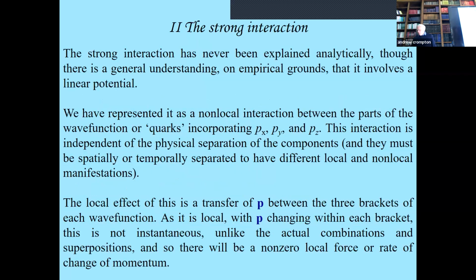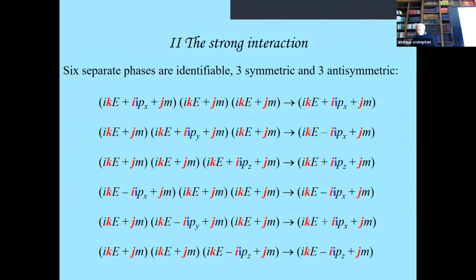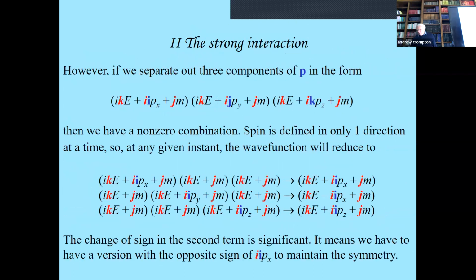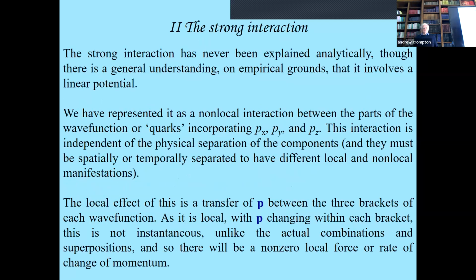So that's the strong interaction. And then what I do is say that if we take those three objects there and rotate them, which is what you're doing by changing which one's 0, then what you're getting is a fixed force. You're getting a fixed rate of change of momentum. A fixed force is a linear potential.